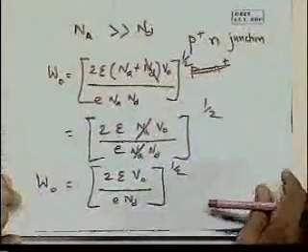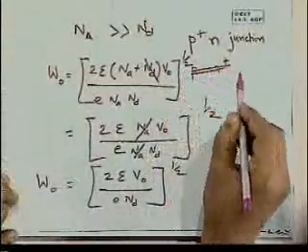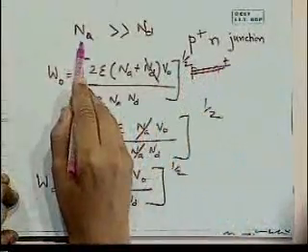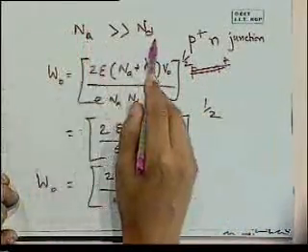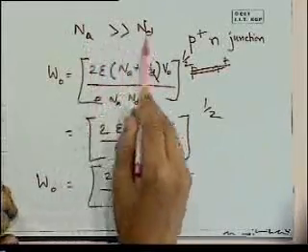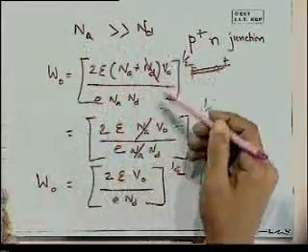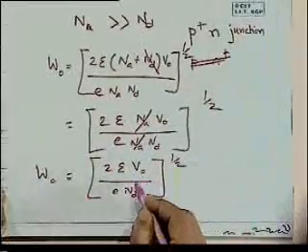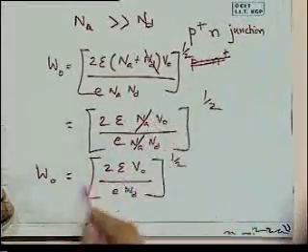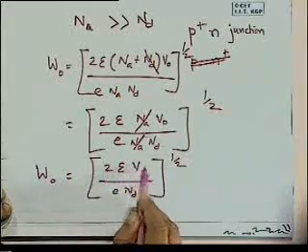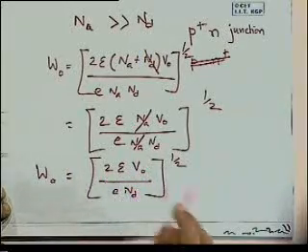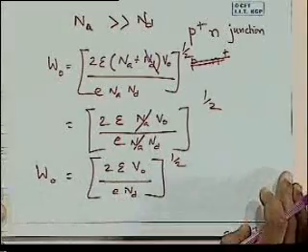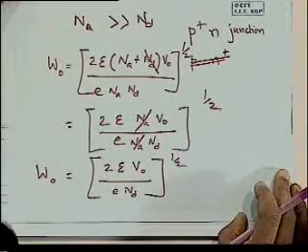We also had that in the case of what might be referred to as a p plus n junction, when the acceptor concentration is much higher than the donor concentration, Na much, much greater than Nd, we can simplify it to W0 equal to the square root of 2 epsilon V0 by e Nd. This is the case of a p plus n junction as we saw it yesterday.